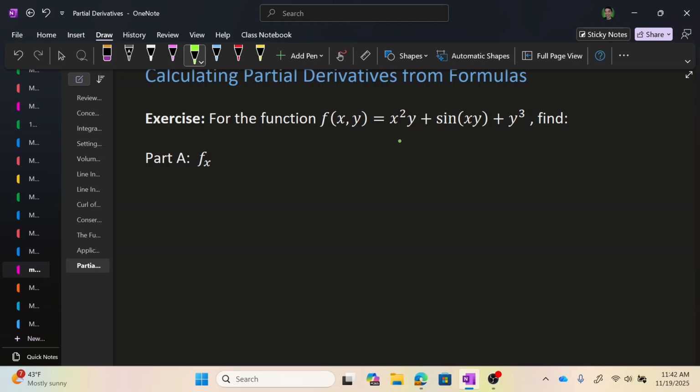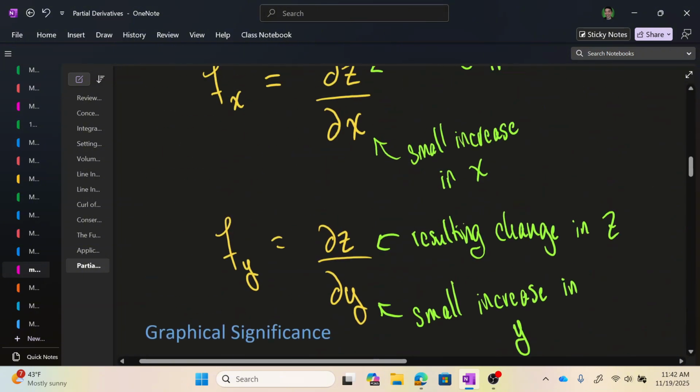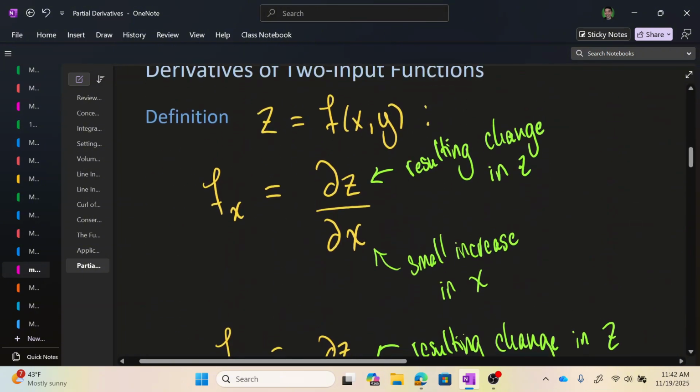Now to calculate that partial derivative, I'm going to go back to the original definition of this partial derivative. F sub x asks us to study the effect of changing x on your outputs. When you calculate the partial derivative with respect to x, notice that only x is being adjusted.